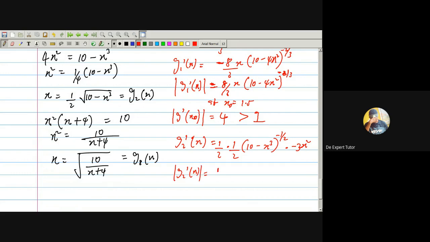It is equal to 1 over, that's 3/4. I'll remove the minus. 3/4 x squared, 10 minus x cubed raised to power minus 1/2. We are at x naught equal to 1.5. What do we have?